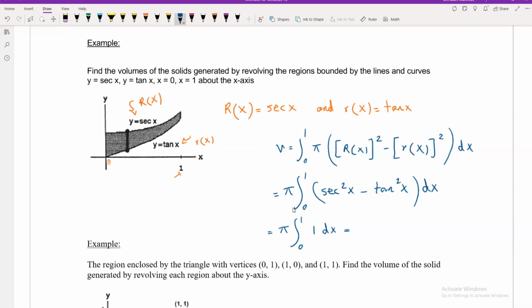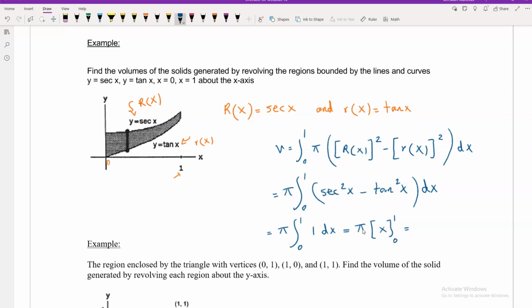Finding the integral, this is equal to pi times x, from 0 to 1. So we have pi times 1 minus pi times 0.